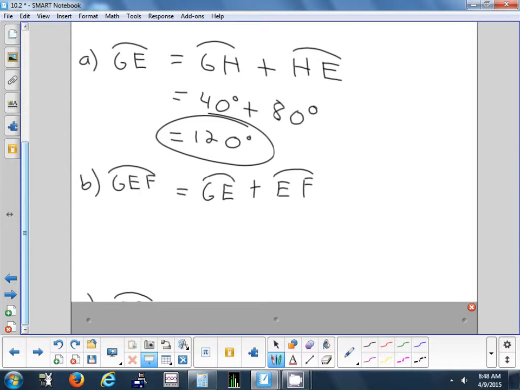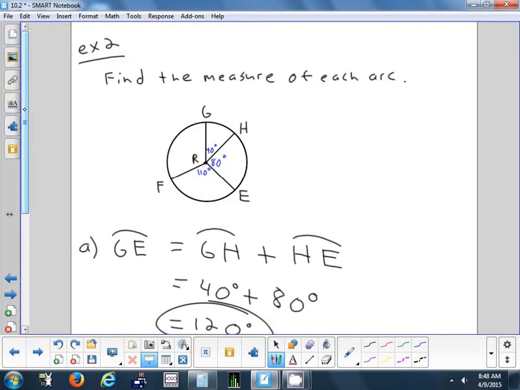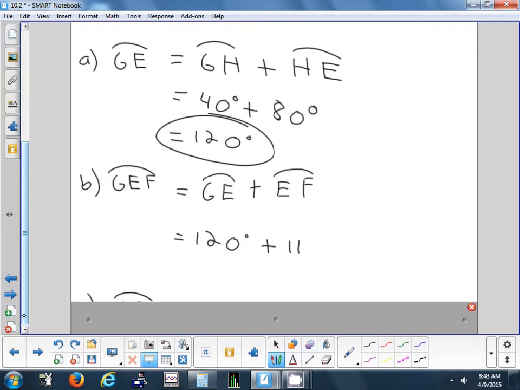Arc GE is 120. How about EF? How big is that arc? 110. Good. So add them up, get 330.